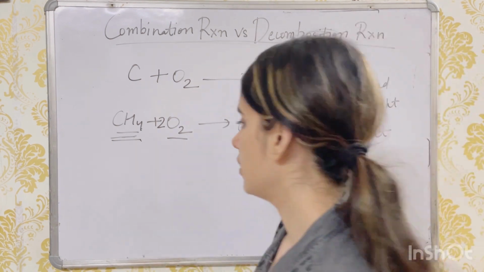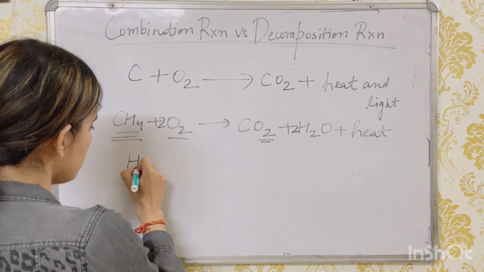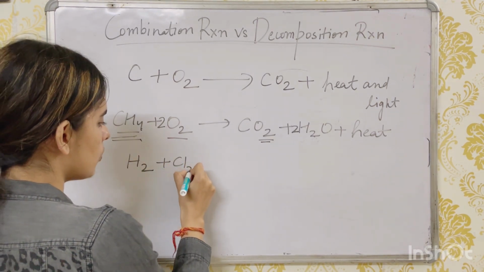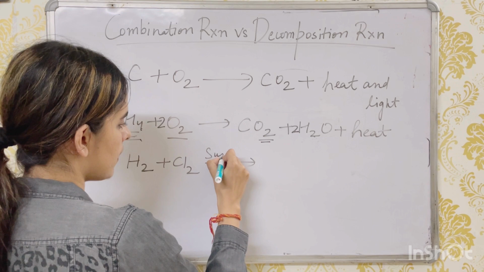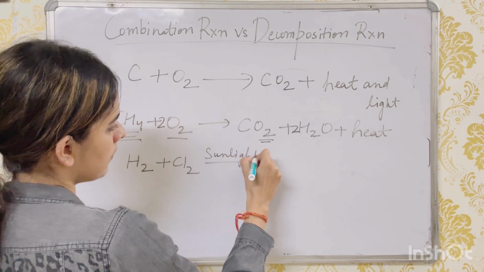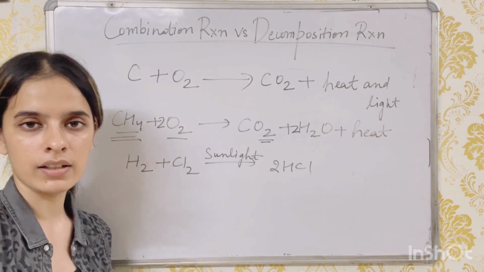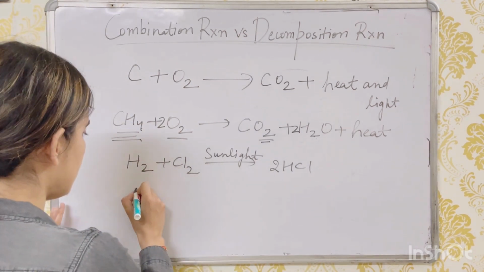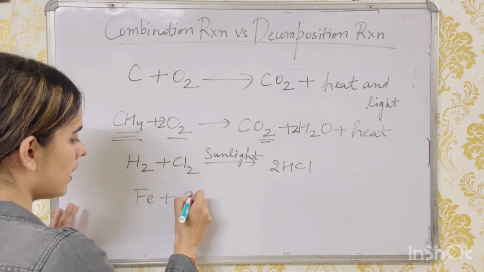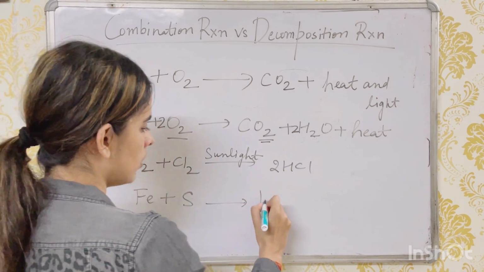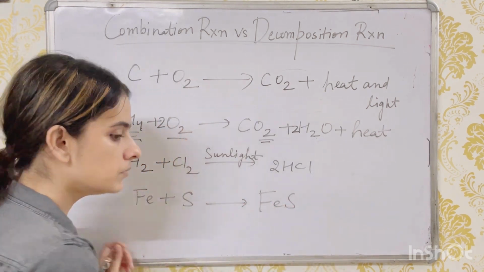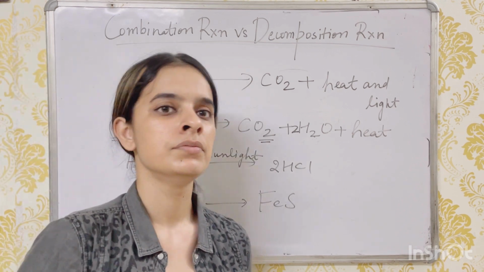There are so many others. Hydrogen combines with chlorine in the presence of sunlight to form 2HCl, hydrogen chloride, a combination reaction. Iron combines with sulfur to form iron sulfide, also a combination reaction.